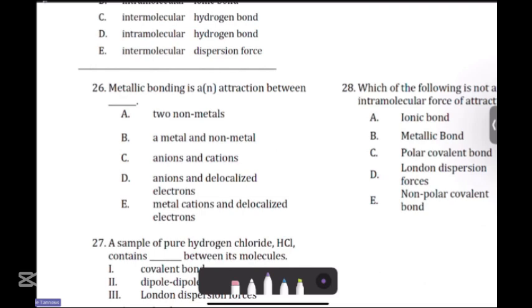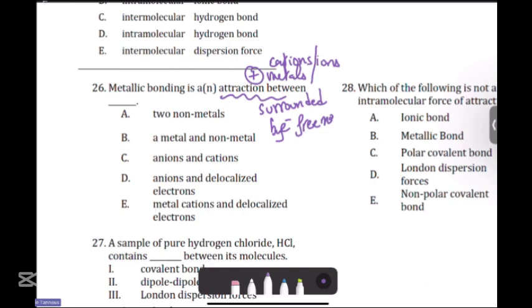Metallic bonding is an attraction between positive metals. You can call them positive cations or positive ions. So it's the attraction between positive ions surrounded by a sea of delocalized electrons, by free moving mobile electrons. So it's always in metals.